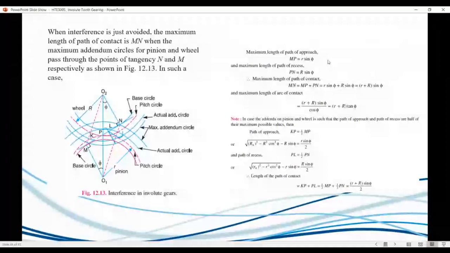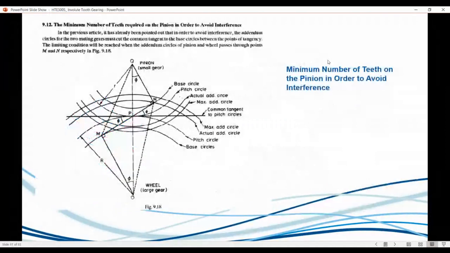So you base what you're doing to find the maximum length of contact, which is the absolute maximum, on half the length of recess and approach. Add them up, you get a new value. But this is not particularly important. What is important is this part.